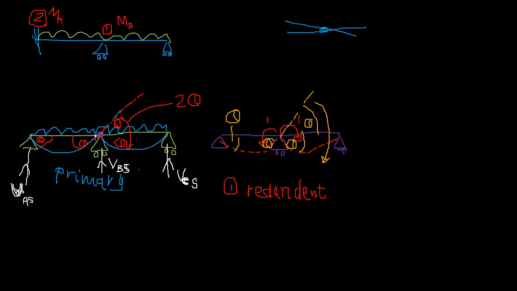So that's a hinge, right? If it is a hinge, you can just separate it at the hinge, each part, because you know the bending moment is 0, right? So if it is W, you know what this value is? WL over 2.